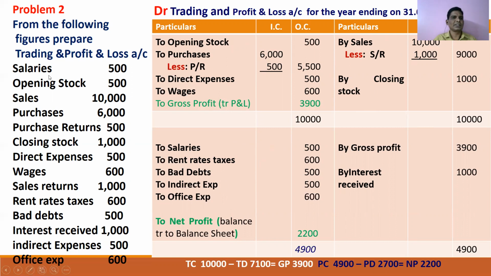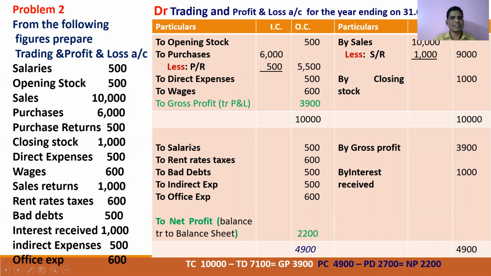Now you see salaries, PD. Opening stock TD. Sales TC. Purchases TD. Purchase returns TD minus: 6,000 minus 500, 5,500.